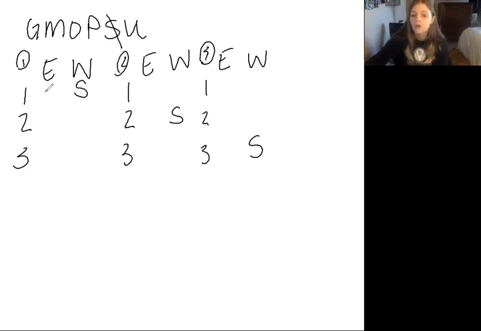Technically, you could go in 1 through 3 in this world, 1 through 3 in this world, 1 through 3 in this world. Going back to finding the most restrictive rule and having a limit of how many worlds we're going to start with, I would have to make 9 worlds to fully implement this rule: 3 where S is in 1 and U is in each of the 3 spots, another 3 where S is in 2 and U is in each of the 3 spots, and another 3 where S is in 3 and U is in each of the 3 spots.